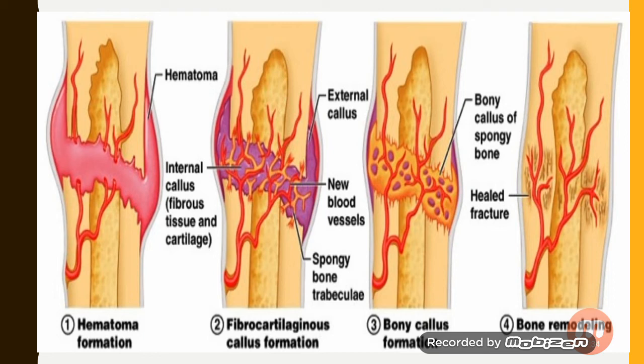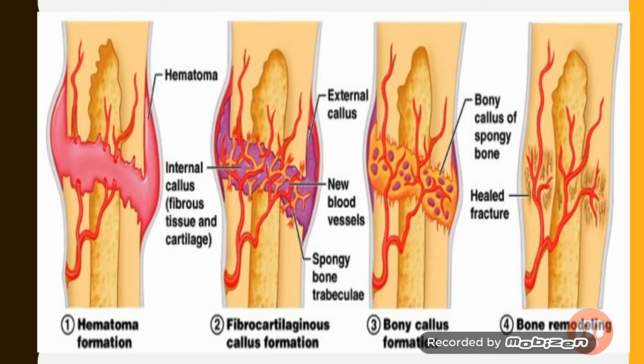The osteoblasts, in conjunction with the fibrocartilage, form the cells and secrete a porous mass of bone and cartilage called the cartilaginous callus, which will start surrounding the broken area.